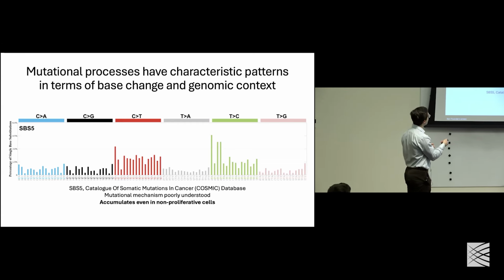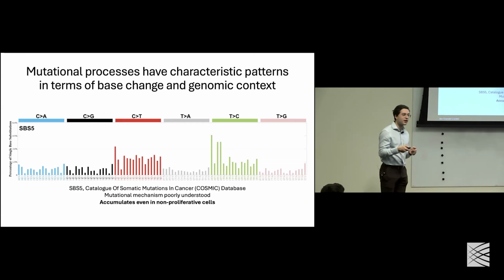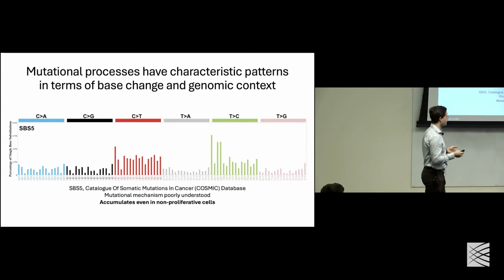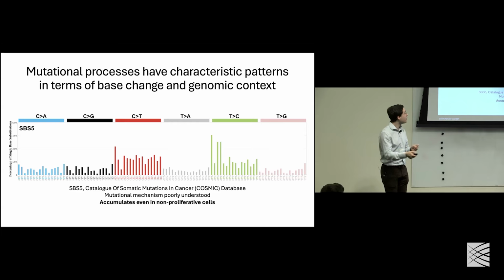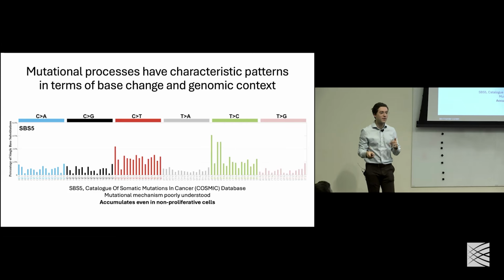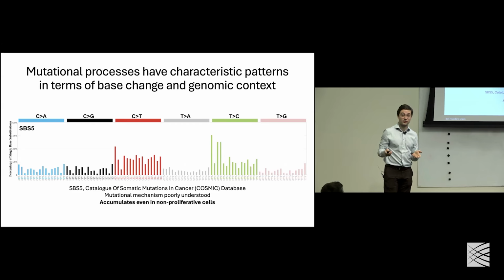So whatever's happening here, it probably doesn't require DNA replication because it accumulates in cells that are terminally differentiated. So I'm just telling you about SBS1 and SBS5 for now, but in this COSMIC database, this catalog of somatic mutations in cancer database, there are many dozens more of these somatic mutation signatures.